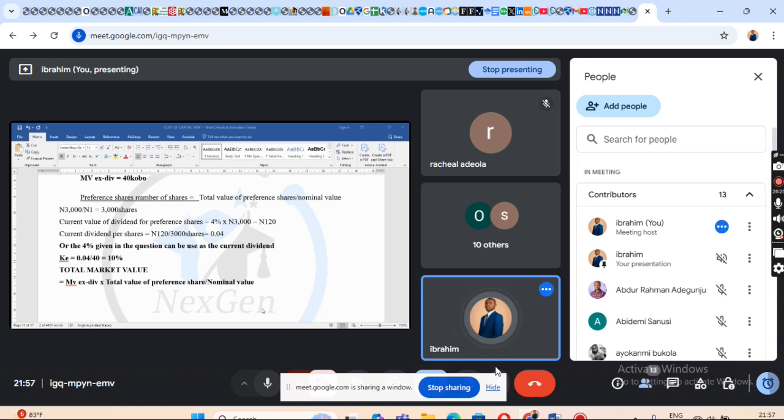Divided by the nominal value, which could be 100 or 50 kobo, you get your number of shares. Your number of shares times the market value per one will give you the total market value of anyone that you want to calculate, either equity or debt.